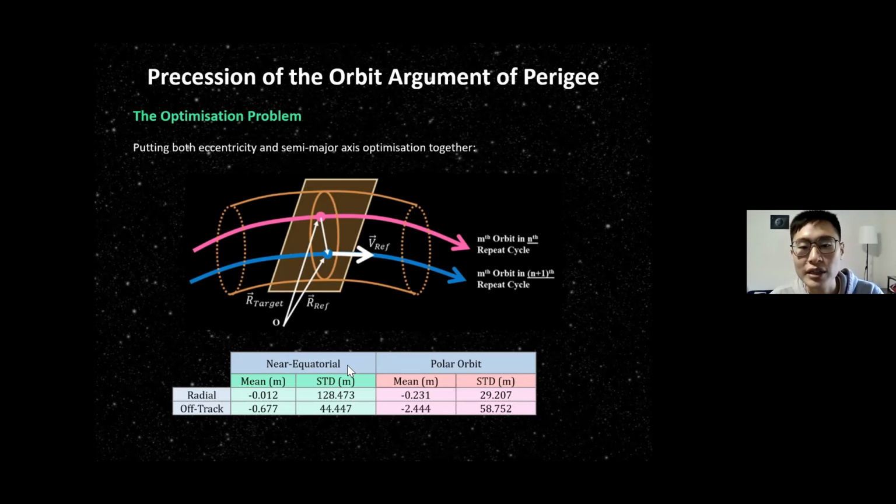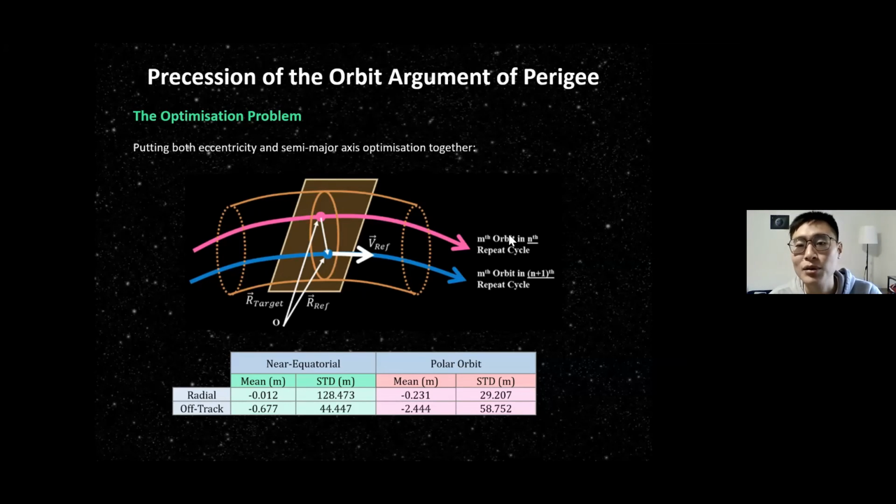We've done it for a near equatorial and a polar orbit, and we've seen that after optimization the mean error is really small. It's about 1.2 centimeters in the radial axis and about 23 centimeters of mean for the polar orbit, with a standard deviation of about 100 meters near equatorial and about 30 meters in the polar orbit.